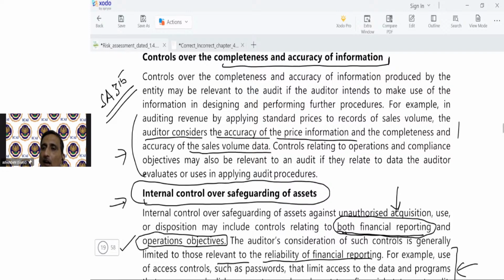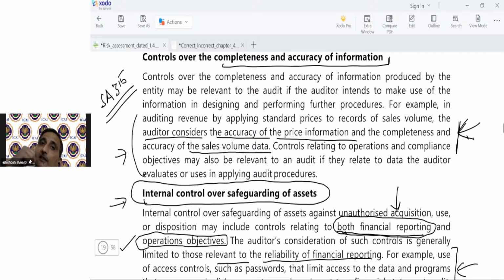So what would be the purpose of the auditor? The auditor would consider whether the controls relating to the prices are working properly or not, because he is making a judgment on the revenues of the company by looking at the price figure.